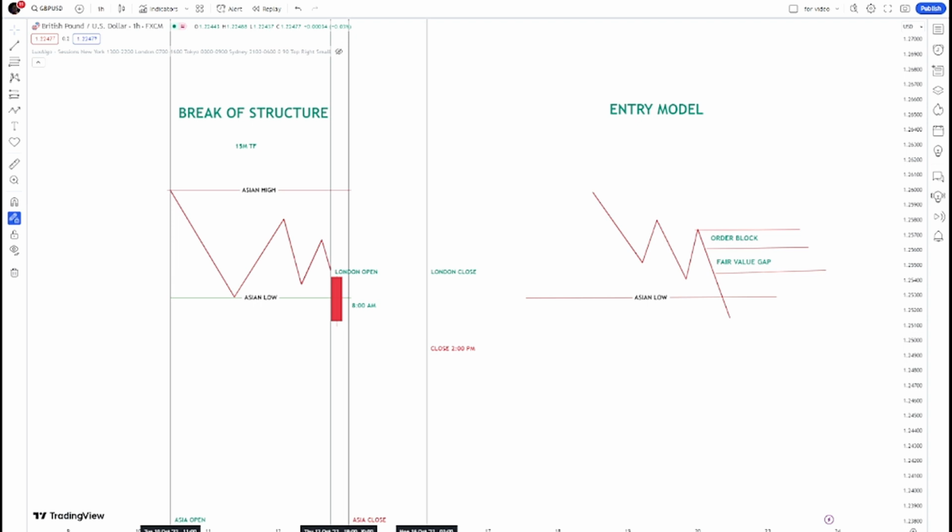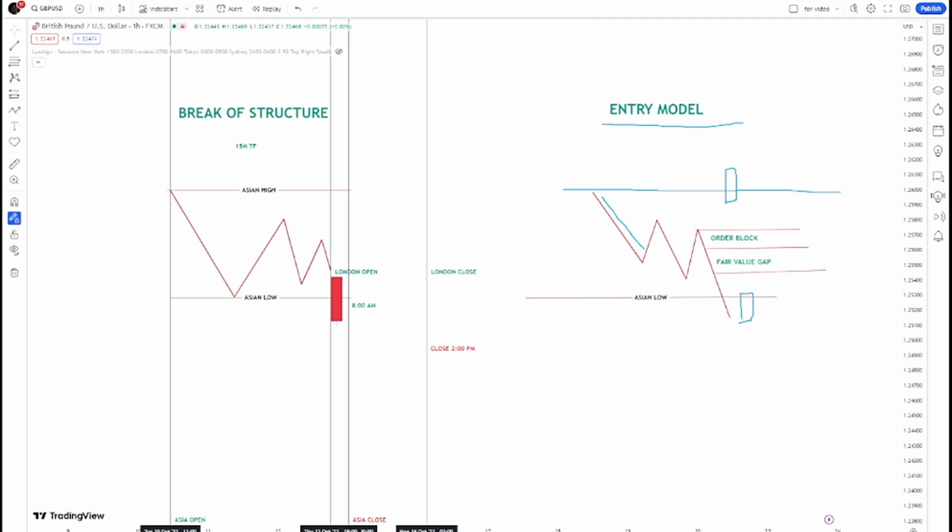Now, as you have defined your 15 minutes trading plan because you have a breakout structure, the next thing you should do is go to your lower time frame, waiting for what? Your entry model. So I'm going to share the entry model with you now. The entry model you are looking for here is when the price moves low. Maybe this is our high. If it breaks the Asian high, it's the same thing that we apply in breaking low that we will apply in breaking up on the high side.